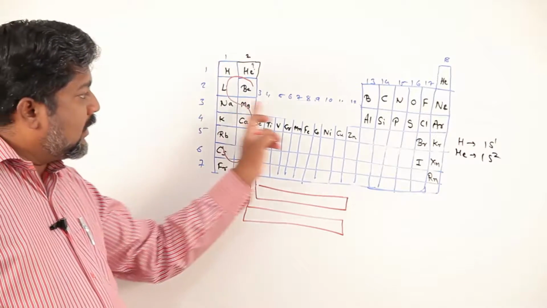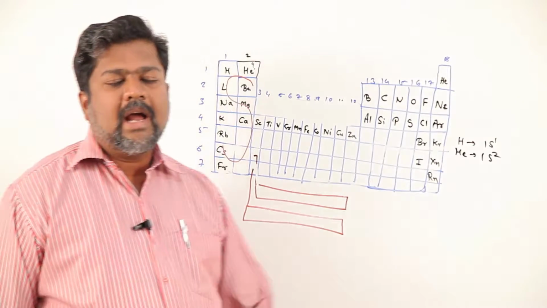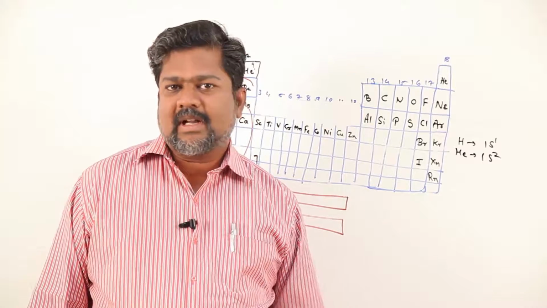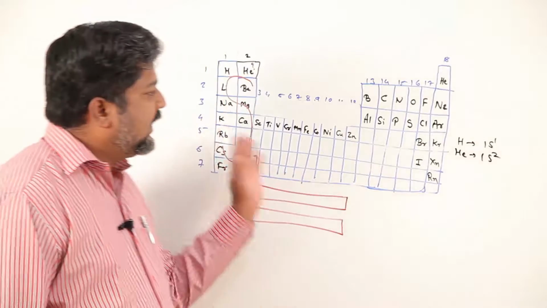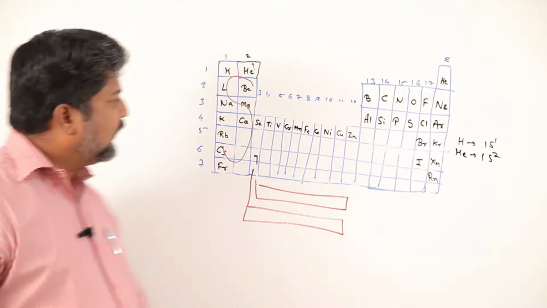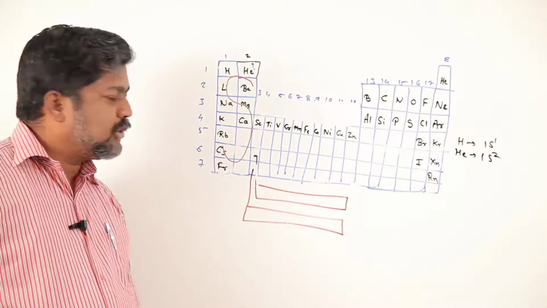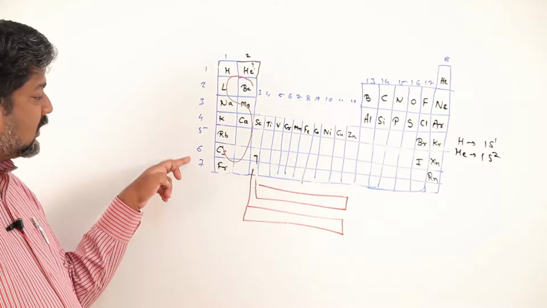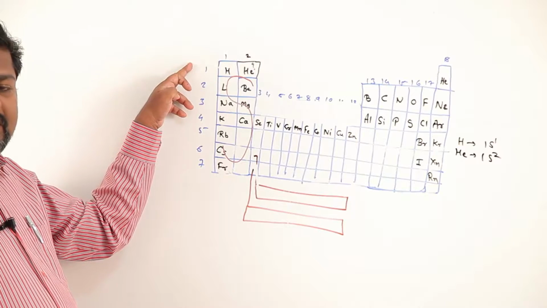Now the third period is called the representative element. Why? I don't know. Scientists say we accept it, because they say these elements represent the elements in their group. For example, sodium will give you representation of its entire group. The seventh period we are not considering, so there are six periods.